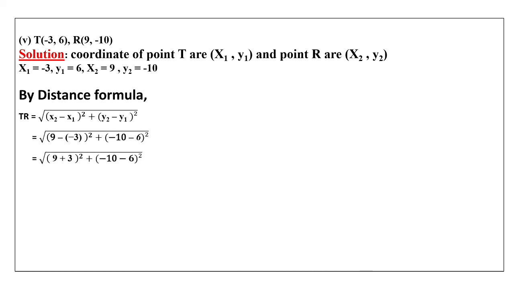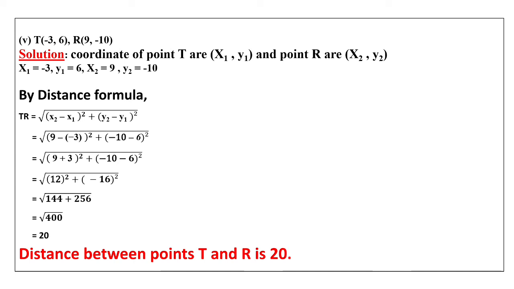So here we get (9 plus 3) whole square plus (minus 10 minus 6) whole square. 9 plus 3 became 12, and minus 10 minus 6 is minus 16. So 12 square is 144, 16 square is 256. Addition we get 400, and 400 is the square of which number, student? 20. So the distance between the points T and R is 20. Student, you should know the squares till 25. It will be easy for you to get the value. Otherwise, take time to do the prime factorization.